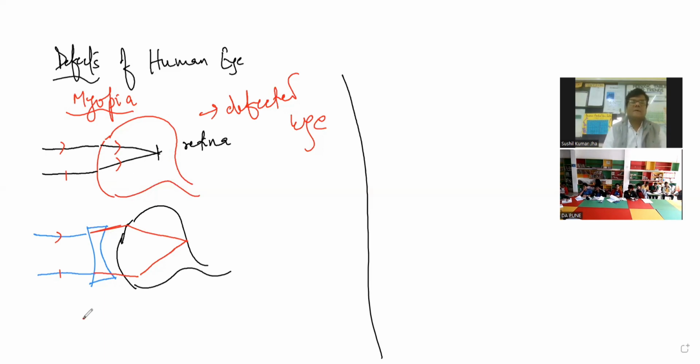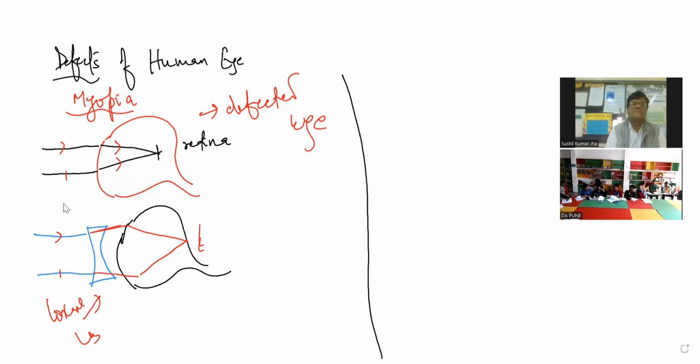We use a concave lens to correct this defect. When these two rays enter it and come out, they diverge, moving away from each other, and finally strike the eye lens, a convex lens, and then converge to form the image at the retina.